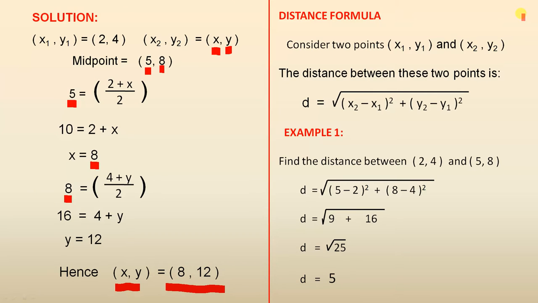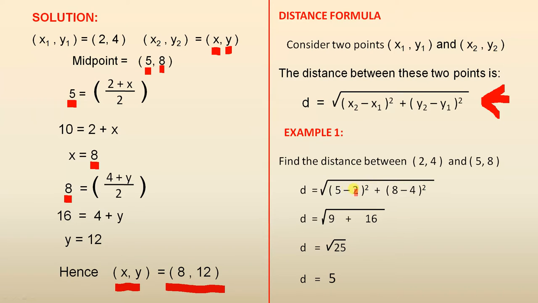The distance formula. Consider the 2 points x1, y1 and x2, y2. Now the distance between these 2 points is found by using this formula here, which is closely related to Pythagoras' theorem. Here's an example, and we'll see how we use the formula. Find the distance between 2, 4 and 5, 8.